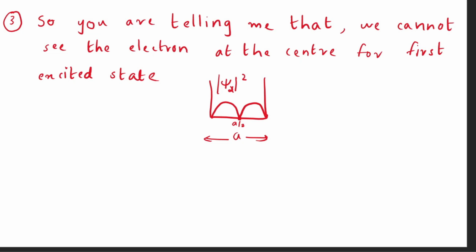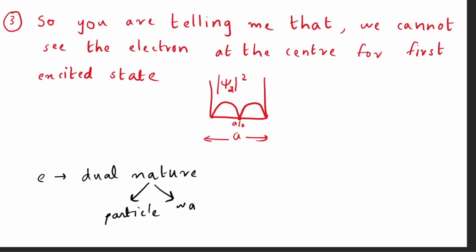So it is possible that at a particular position, the wave has 0 amplitude, which means the particle has 0 probability to be present there.